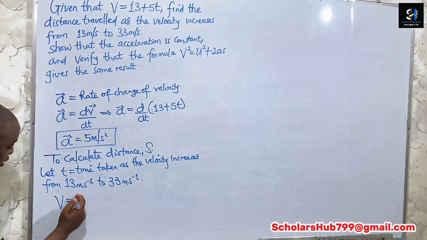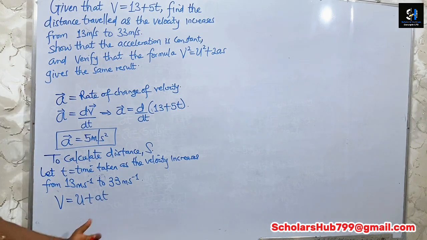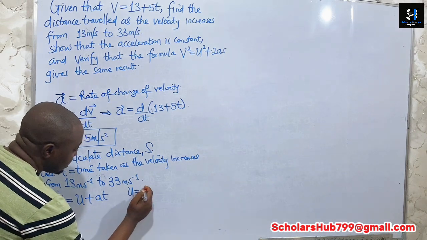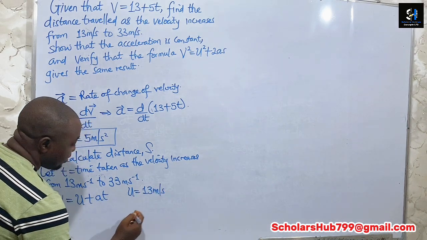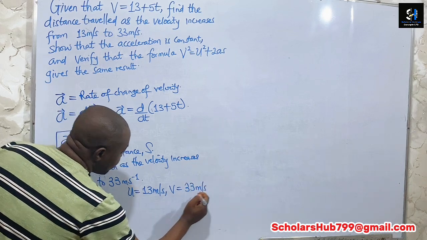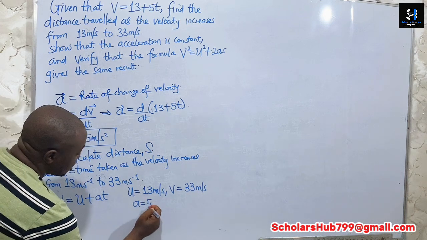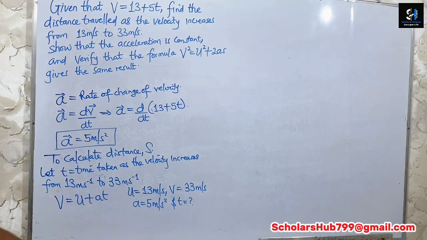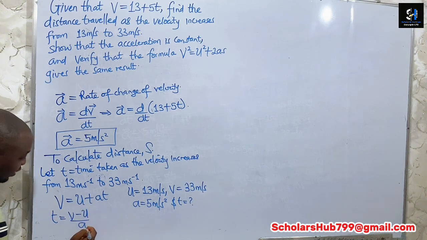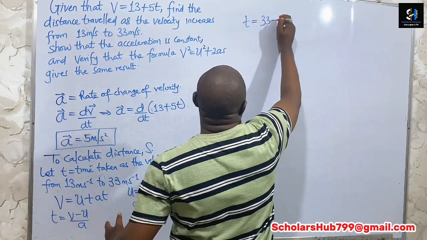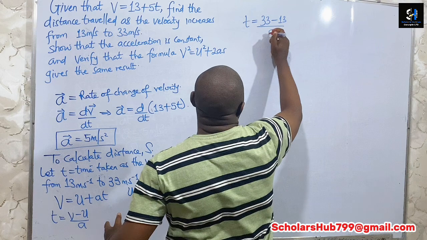Using v equals u plus at to calculate time t, u equals 13 meters per second, v equals 33 meters per second, and the acceleration is 5 meters per second squared. t is the unknown, so t equals v minus u over a, which is 33 minus 13 divided by 5.